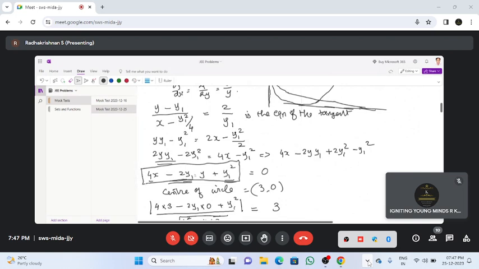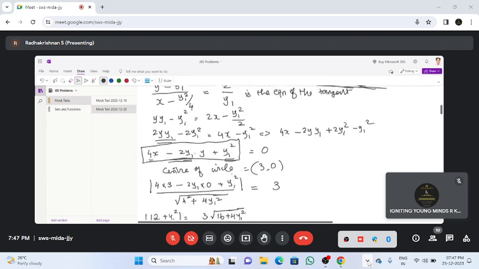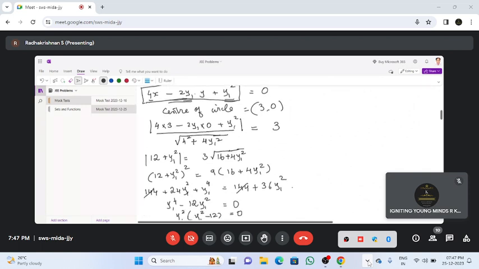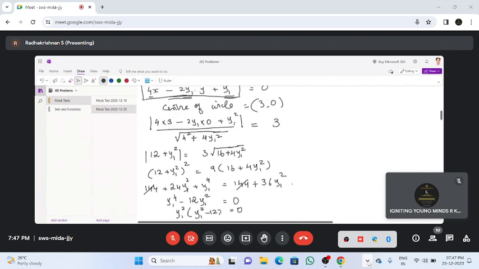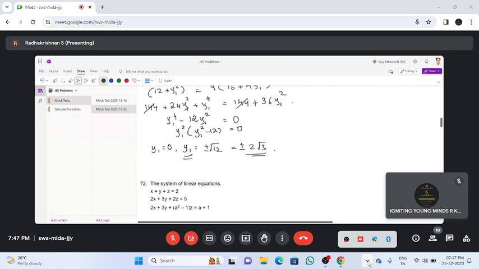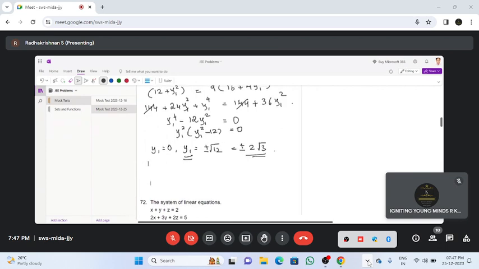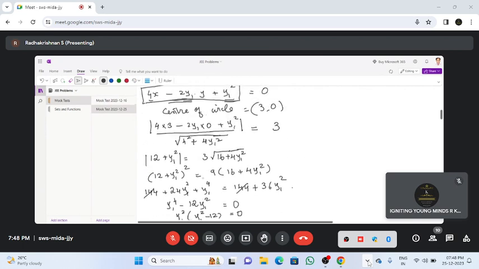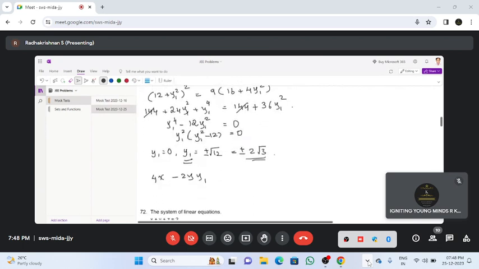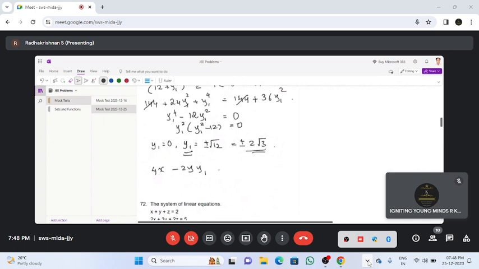So we have to substitute the value of y1 in this: 4x minus 2y y1 plus y1 square. So substitute y1 equal to plus or minus 2 root 3.